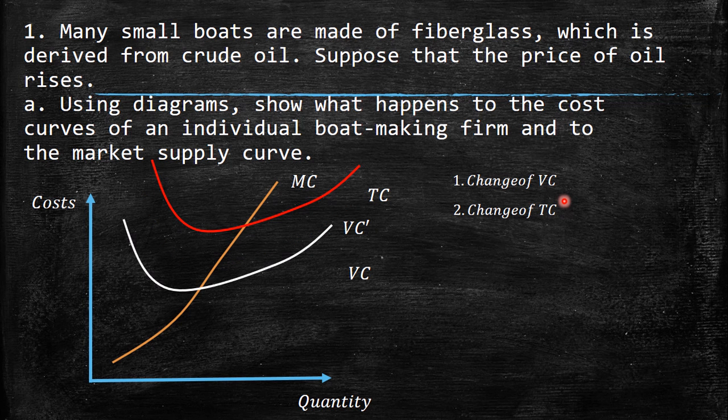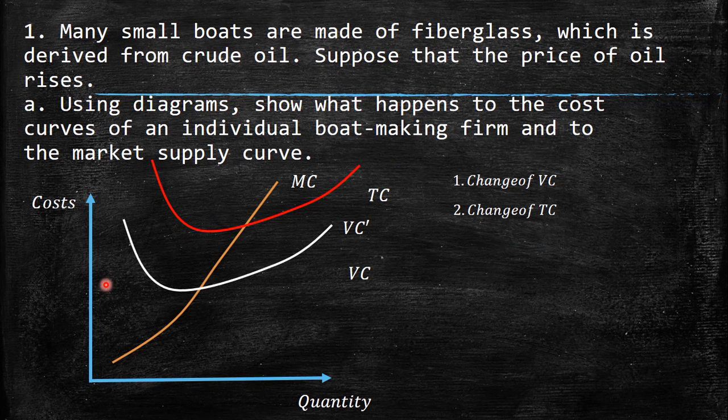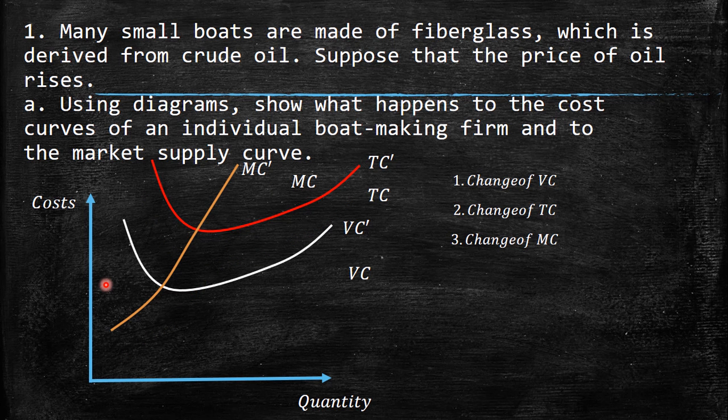As a consequence of a higher total cost for each boat produced, your marginal cost will change as well, and will shift to the left because it's going to be higher at the same quantity. So here, for example, at this quantity it was this marginal cost, but now at this quantity the marginal cost will be higher. And then it's going to cut the minimum of these two as well.